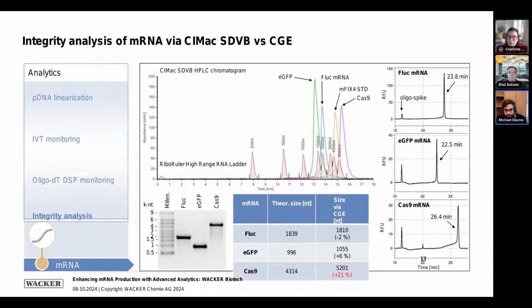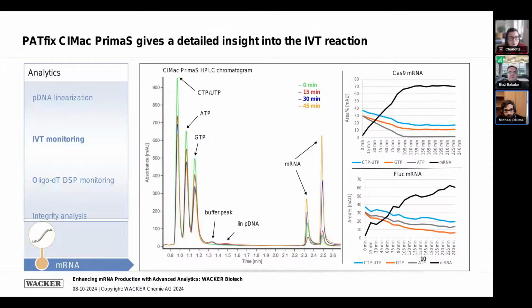Yeah, great, that makes sense. Another question for you, Michael. Why is the mRNA present in two peaks? Let me switch to this slide. Blaž, you may need to correct me, but I hope I'm right. The PRIMA-S technology is a mixed mode chromatography, and it uses anion exchange chromatography in combination with hydrogen bonding.